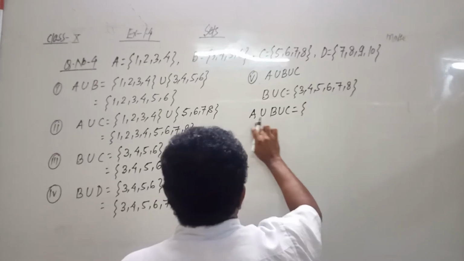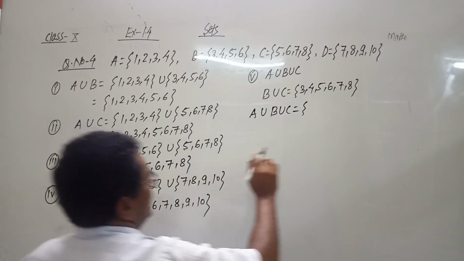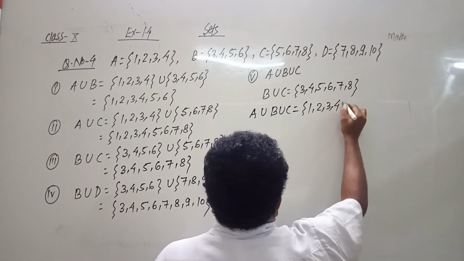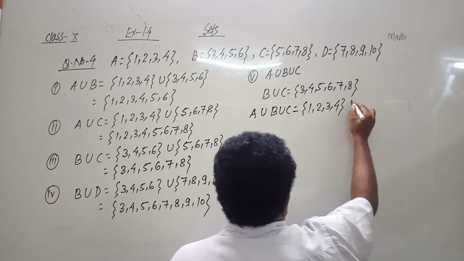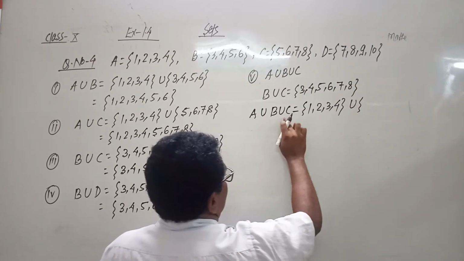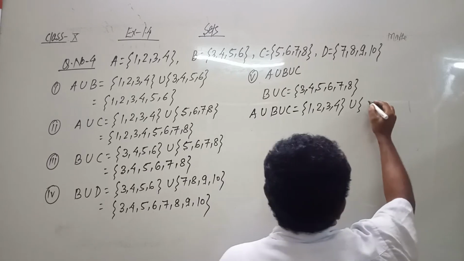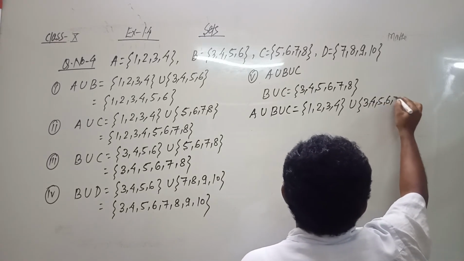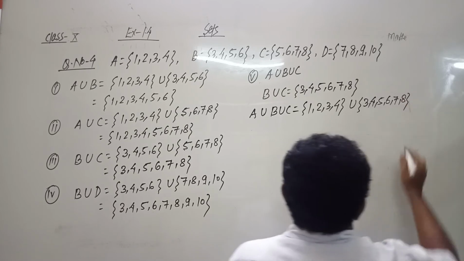So write the value of set A, which is {1, 2, 3, 4}, then the sign of union and then set B union C, which is {3, 4, 5, 6, 7, 8}.